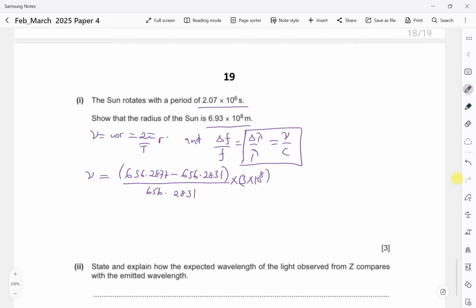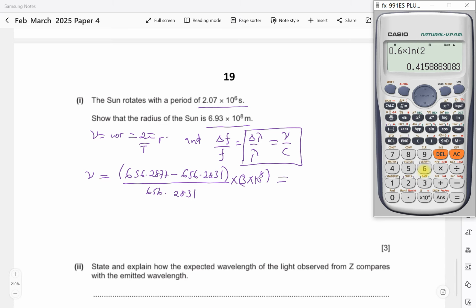So V equals 656.2877 minus 656.2831, then times 3 exponent 8, divided by 656.2831. So this is giving us 2103.